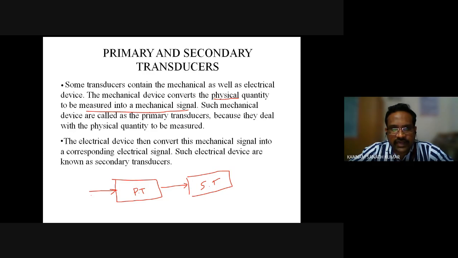Again, that measurable value is given to another transducer, the secondary transducer, which converts the mechanical signal to a corresponding electrical signal. In that situation, it is acting as a secondary transducer.